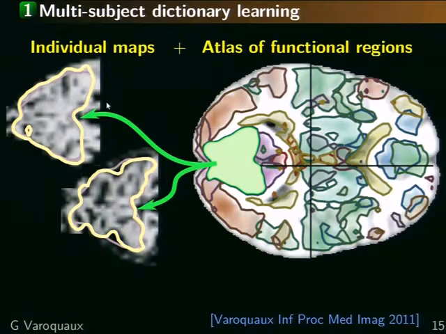At the end of the day, what we get is a set of maps at the group level. I've displayed the outlines here. But what's really interesting is that we're estimating jointly a set of maps at the individual level. And I'm not sure you can see here. So what I've displayed in black and white is the posterior probability of gray matter as segmented by SPM of each subject.